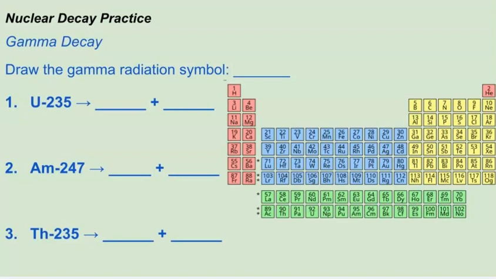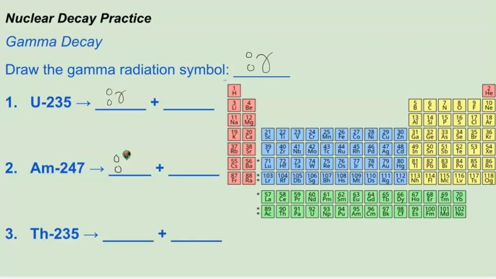All that it does is give off a whole bunch of energy, and so in this case we don't actually need to write out the original isotope because we know we're going to end up with the same thing in the end. So let's first draw the gamma radiation symbol, which is the Greek letter gamma with just 0 at the top and 0 at the bottom, because it has no impact on the mass or the atomic number of the element.